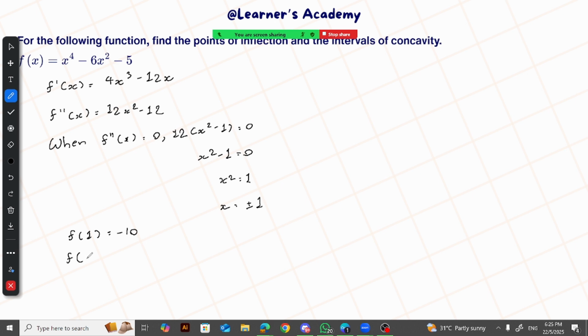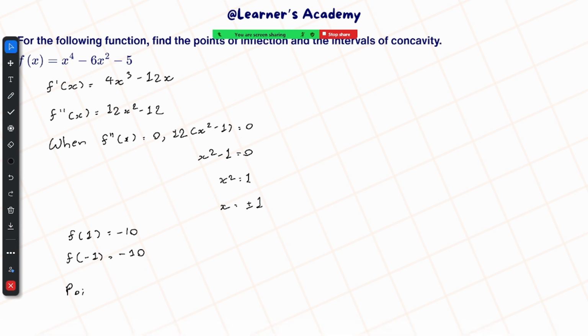And if we substitute negative 1, minus 6 minus 5, we get negative 10 as well.